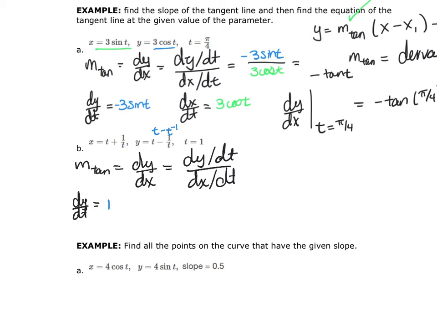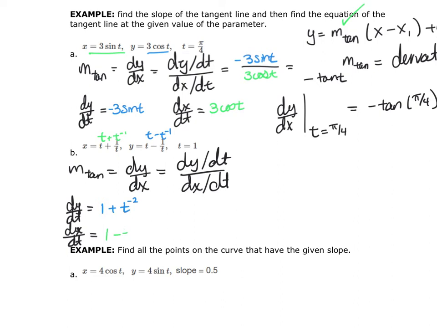So then this is going to be 1 plus t raised to the negative 2. I'm going to do the same thing with dx/dt. My dx/dt, again, I'm going to write this as t plus t raised to the negative 1, so it makes it easy to do the derivative. And this is going to be 1 minus t raised to the negative 2. So then this is going to be equal to 1 plus t raised to the negative 2 divided by 1 minus t raised to the negative 2.